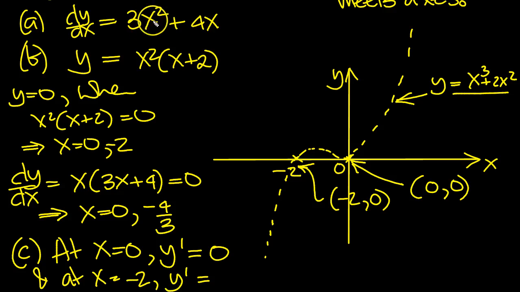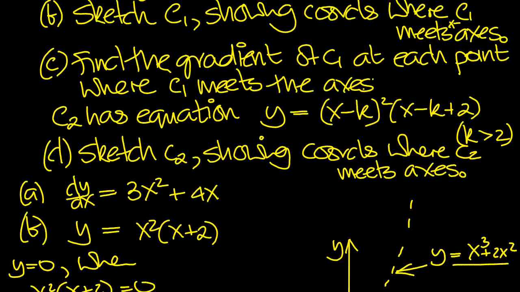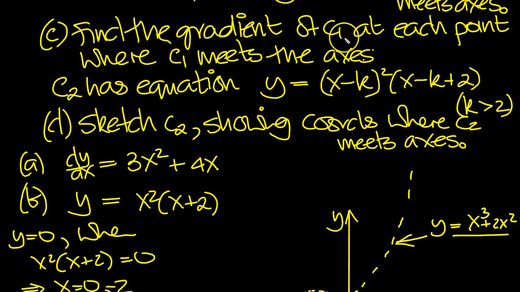Minus 2 squared is 4, 3 4s are 12. Minus 2 in here, 4 times minus 2 is minus 8. 12 minus 8 is 4. So that's the value there, and this is the 0 here. So that's part C. That would be the x-axis.